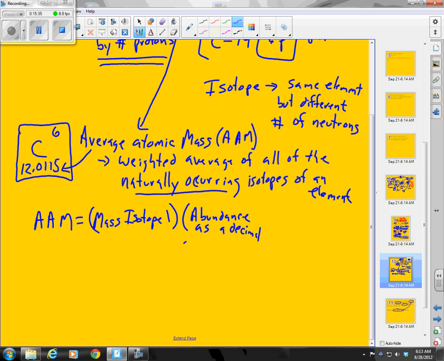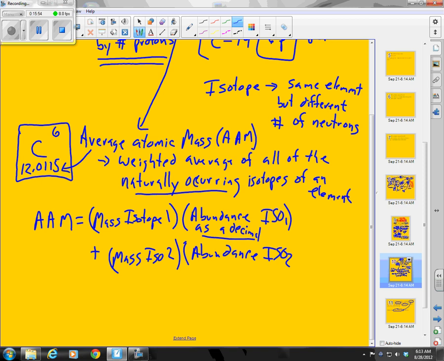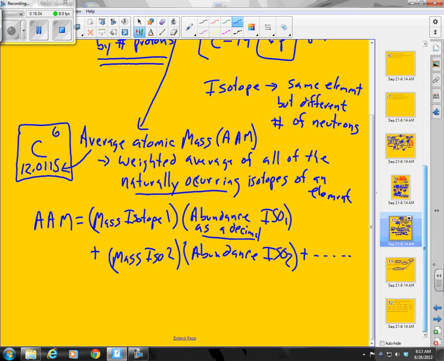Abundance as a decimal of isotope 1 plus the mass of isotope 2 times the abundance of isotope 2, once again as a decimal, plus so forth. If I have 3 isotopes, I do this with all 3, if I have 4, and so forth. So that is the equation we want to use.